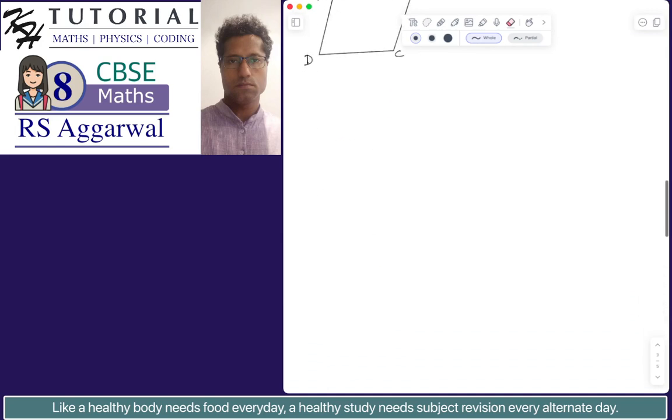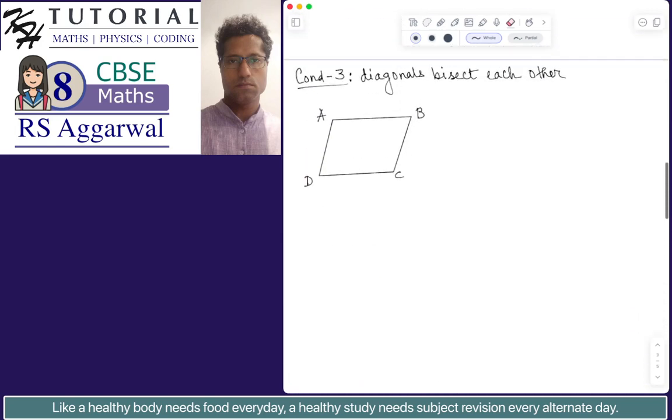Let me finish the other two. So condition 3 is diagonals bisect each other. It is given that the diagonals bisect each other. So let's first draw the diagonals. ABCD is a quadrilateral and the diagonals AC and BD bisect each other.